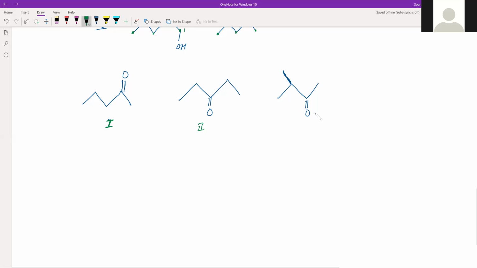So you have to tell me how many combinations are possible. Say 1 and 2, 1 and 3, and 2 and 3. Now you have to tell me whether they are positional isomers or chain isomers.